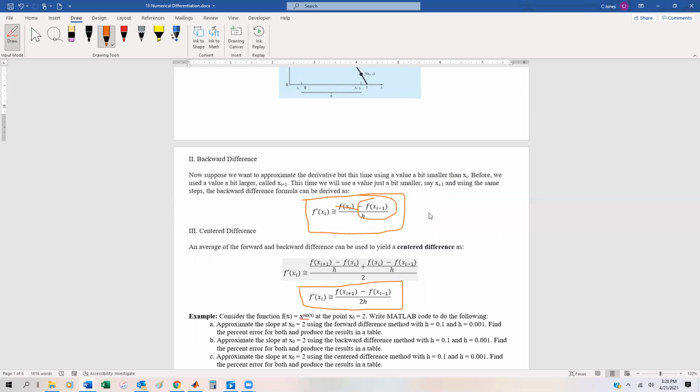We're comparing which of these are better or worse, whether there is a significant difference, and what happens as we change the step size. Of course, we'd like to keep the step size small, so a lot of times we use h equal to 0.1 or 0.01, etc. We don't want a big step size, because the larger the step size is, the larger the error we're going to get. We'll take a look at an example of how to program this in MATLAB in our next video.